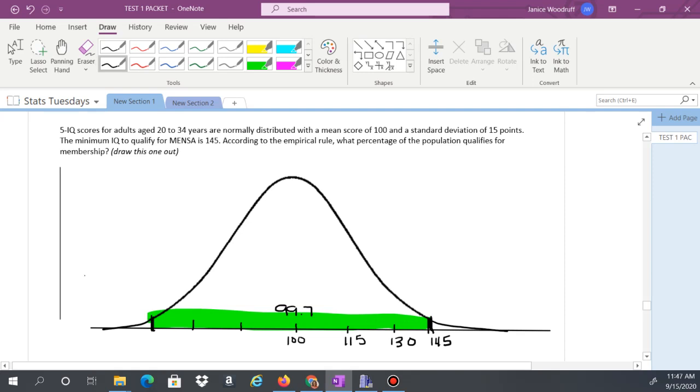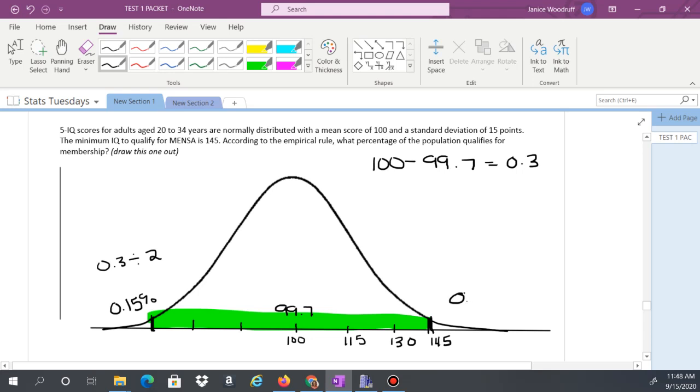Good, 0.3, because this is 100% under the curve. So 100 minus 99.7 would be 0.3. Now, of that 0.3, half of it is here on the left, half of it is here on the right. So 0.3 divided by 2 would be 0.15%. So it's less than 1%.